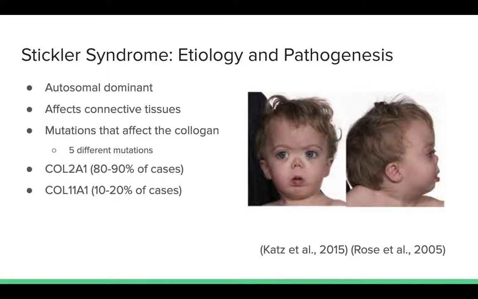This type of collagen is found in connective tissues and also seen in the inner ear. COL2A1 is considered type 1 Stickler syndrome, which has the highest chance of retinal detachment. Type 2 Stickler syndrome is with the gene mutation of COL11A1, which also includes eye abnormalities.